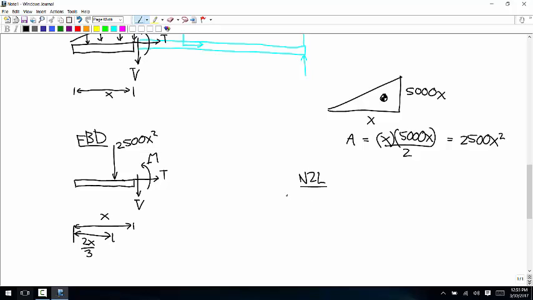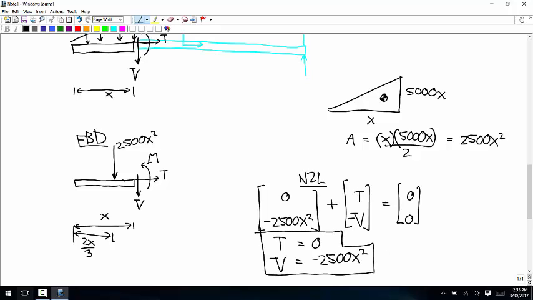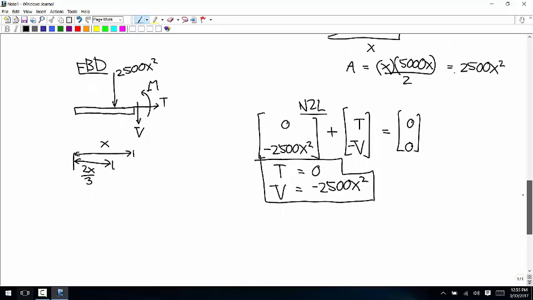So Newton's second law says 0 equals negative 2500x squared plus T minus V, which is equal to 0. So T is equal to 0, and V is equal to negative 2500x squared. And now the moment equation.